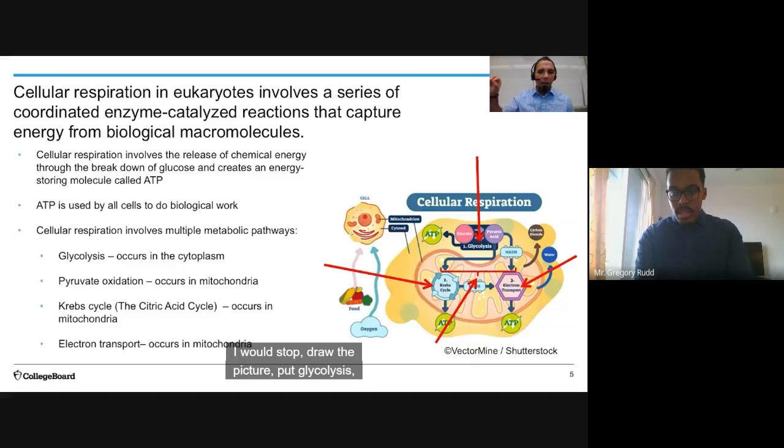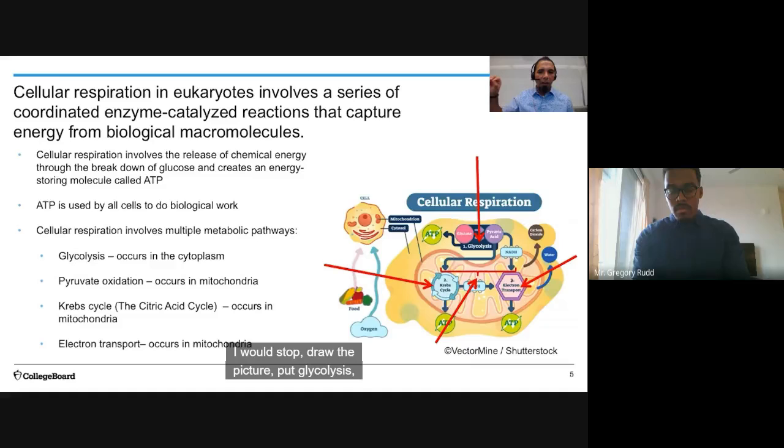Okay, now one thing, I kind of wish we had an AP chemistry class at West Mac, but we teach this concept in AP chemistry, but it's also relevant to AP biology. This process of oxidation, it says pyruvate oxidation.